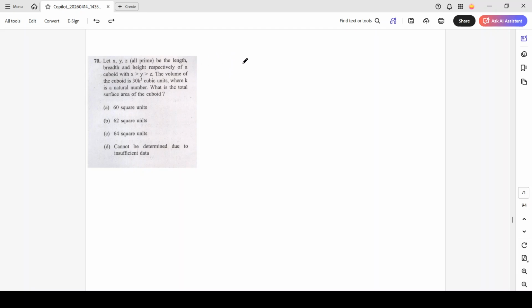Let's suppose x into y into z are prime numbers and their volume is 30k cube, that means length into breadth into height. And x is greater than y is greater than z and all are prime numbers. So how many such cases are possible?